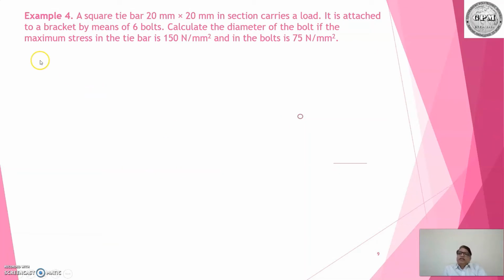A square tie bar of 20 by 20 mm in section carries a load. A square tie bar. Here you should understand what we mean by a tie bar. A tie bar is nothing but something you are tying.